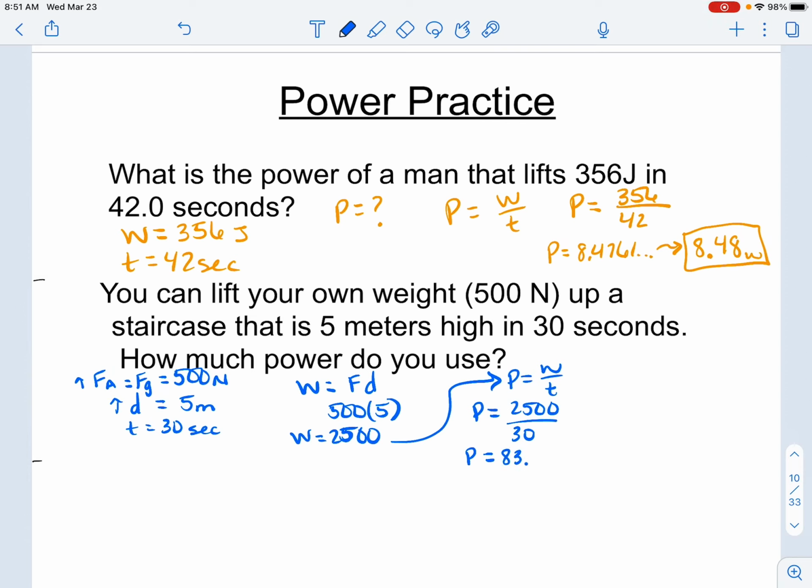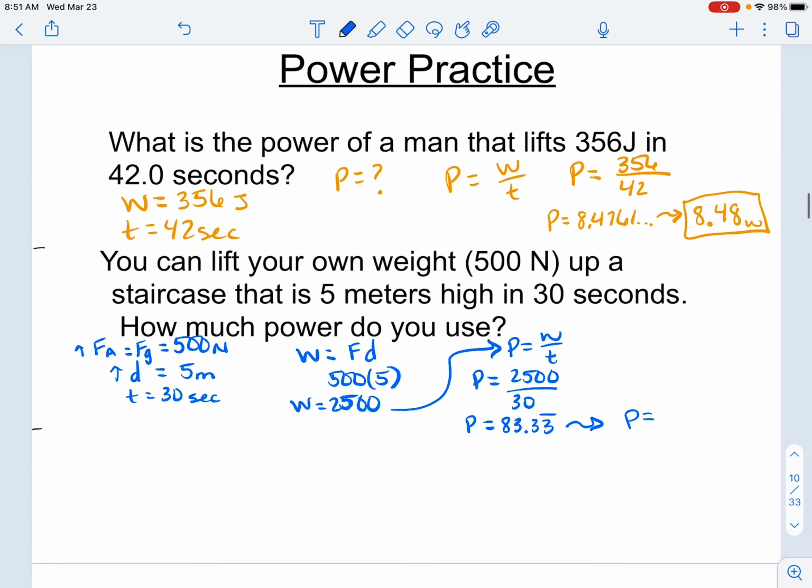And so this is going to give me 83.3 repeating. And so I'm going to round that for sig figs. In this question, 5 meters was our limiting factor because it was only 1 sig fig. So remember, the Espinosa rule says we're going to round that to 2 sig figs instead of just the 1 digit. So we're going to make this 83 watts.